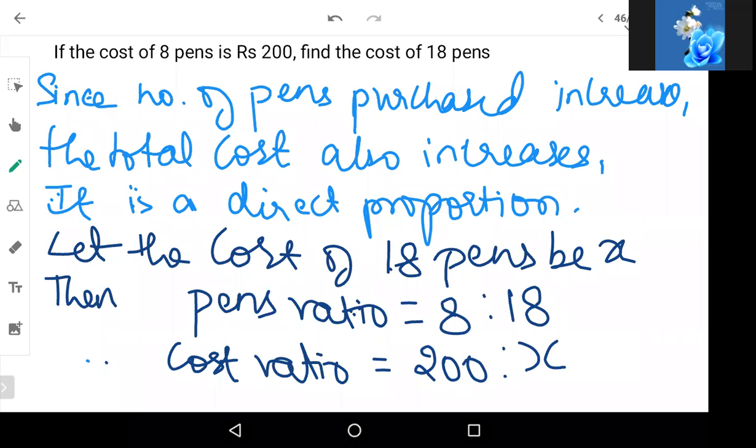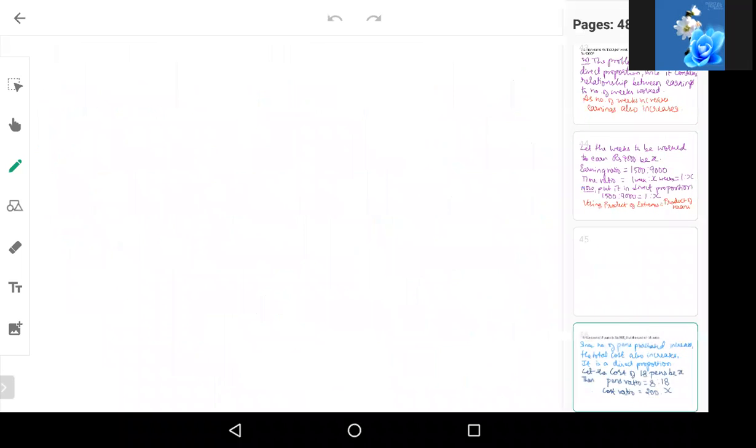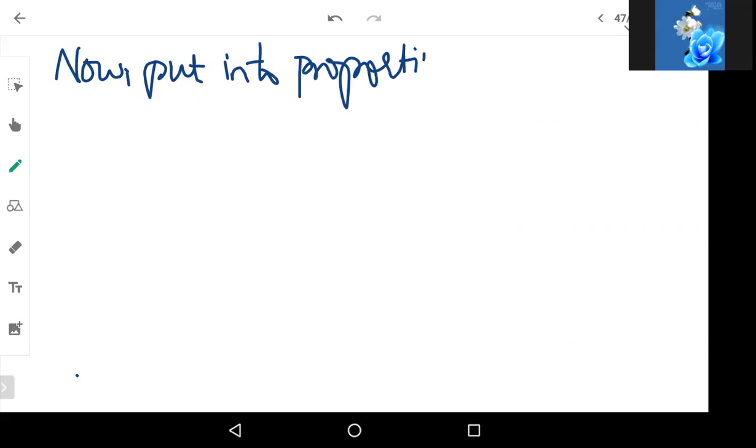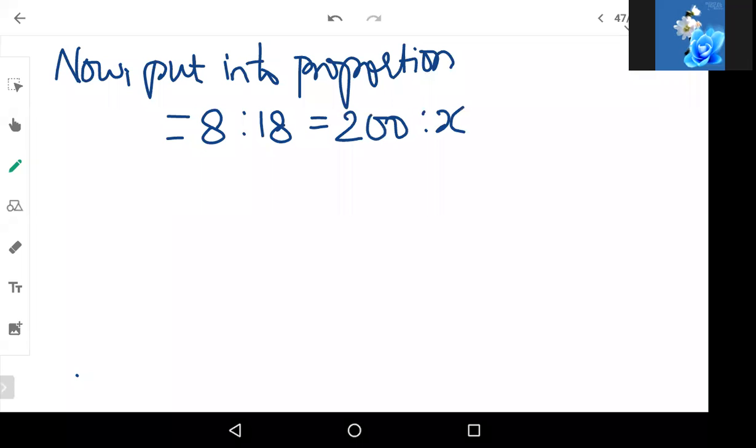Okay. Now we have got the complete ratio. Let us put this into proportion. So that is nothing but 8 is to 18 is equal to 200 is to x.